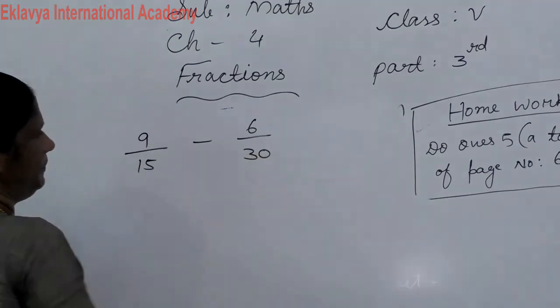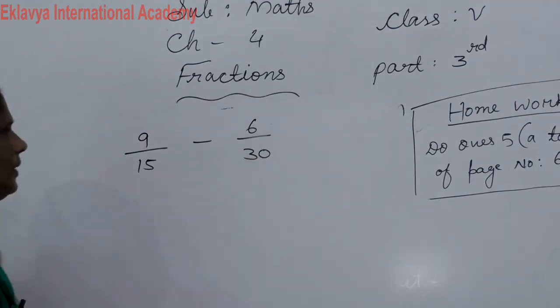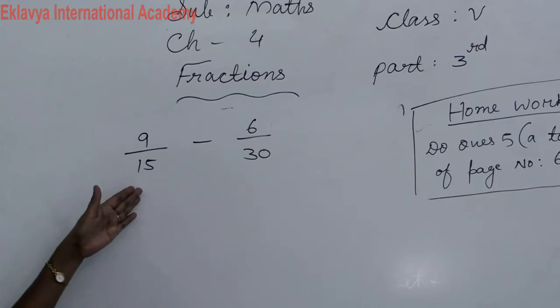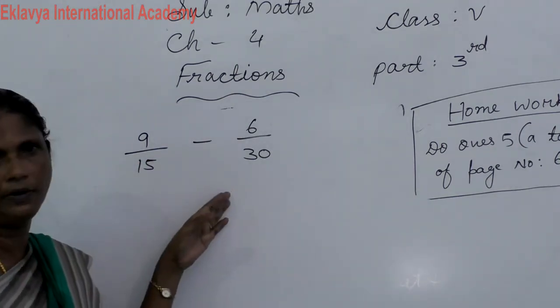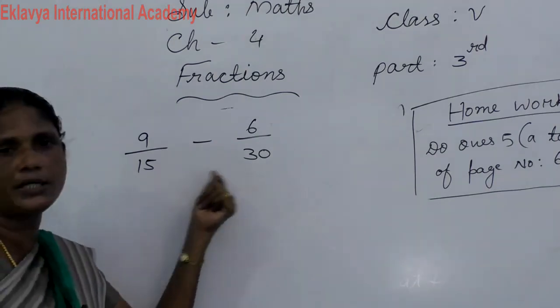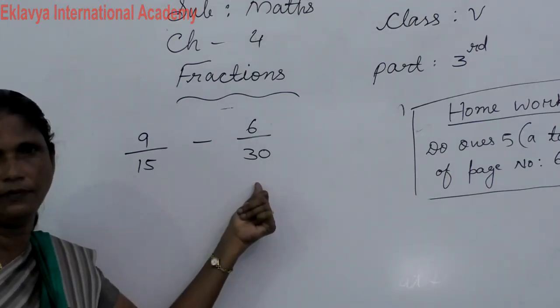9 upon 15 minus 6 upon 30. Here the denominators are different.